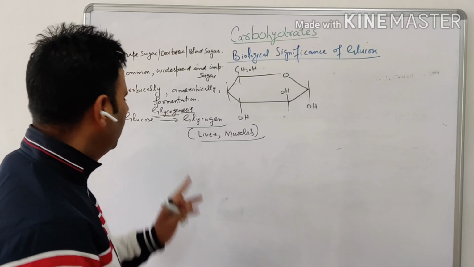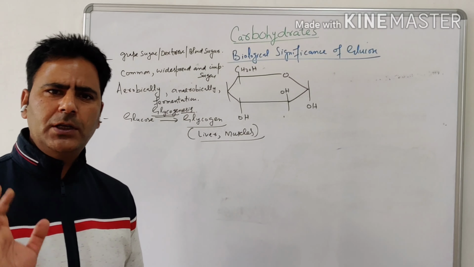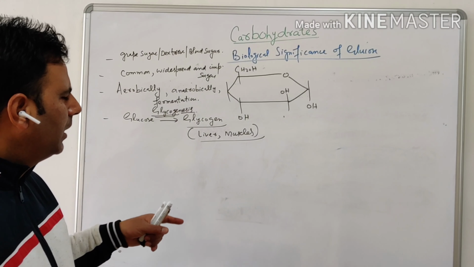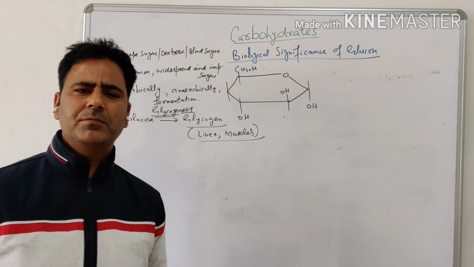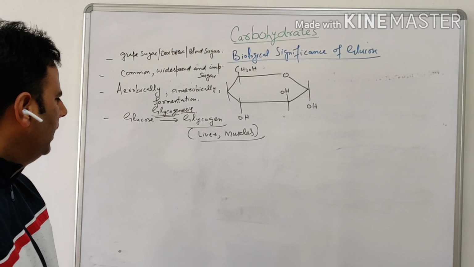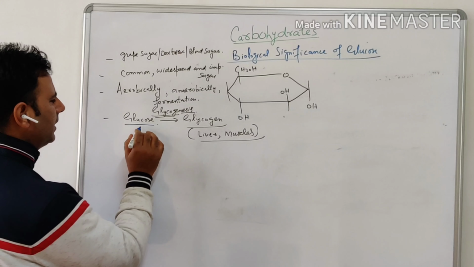So the main fuel, I am pointing out, is glucose. It is the main respiratory fuel, and glucose is utilized from the bacteria to the human being. Every organism is utilizing glucose. The question is, if glucose is a monosaccharide, we do have other monosaccharides.